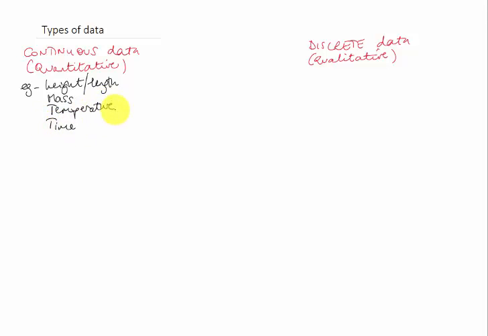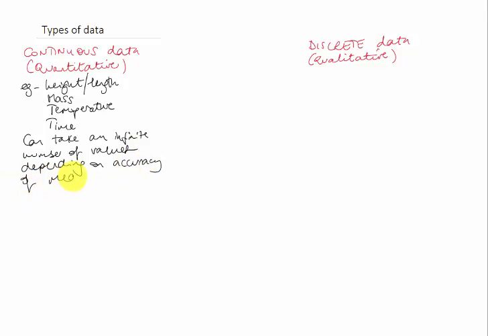So all these things are quantitative, by which I mean that they can take kind of an infinite number of values, depending on the accuracy of measurement.